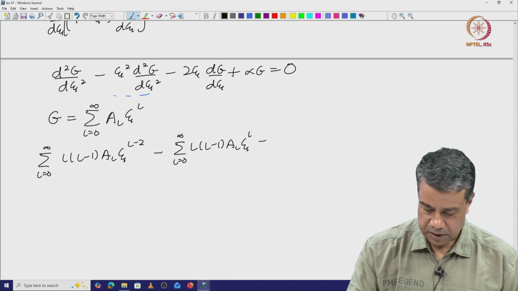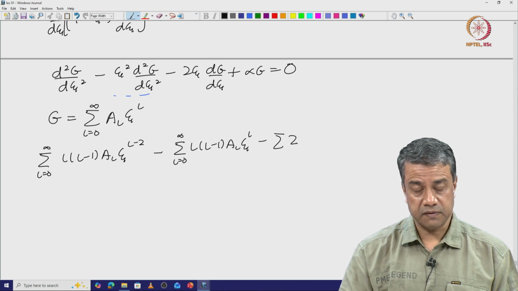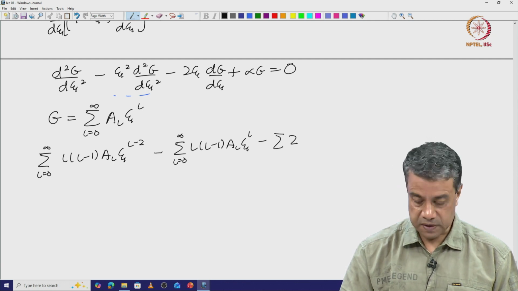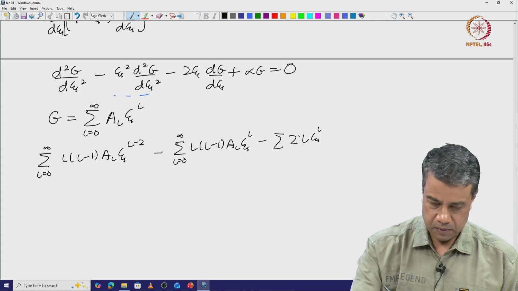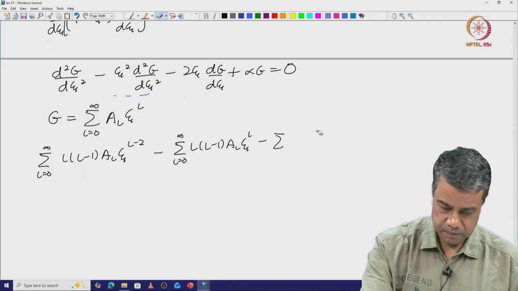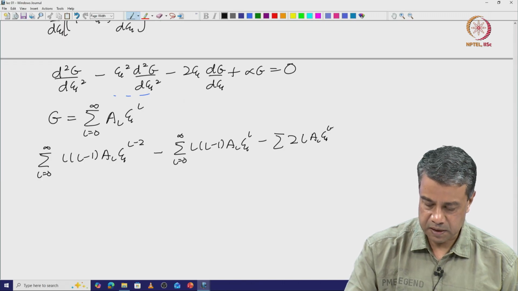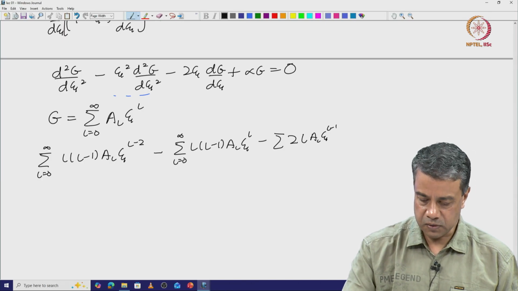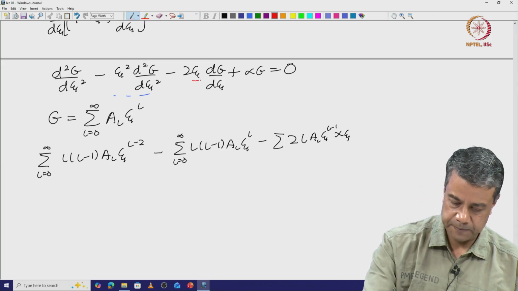Minus summation of 2 into psi into the first derivative. First derivative is L a L psi power L minus 1, that is the derivative, into psi here.